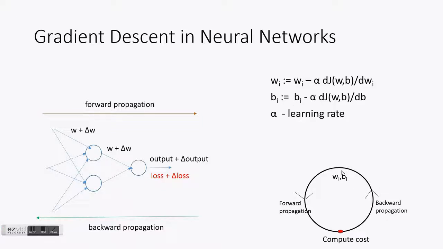And with this new set of weights, after the first iteration, we do another cycle of forward propagation, we compute the cost, and then we do a cycle of backward propagation where we compute how the cost varies with respect to the weights and bias, and then apply the gradient descent formula to get a new set of weights and bias. So we do this repeatedly, and our cost will continuously keep dropping as long as we have chosen the correct alpha.